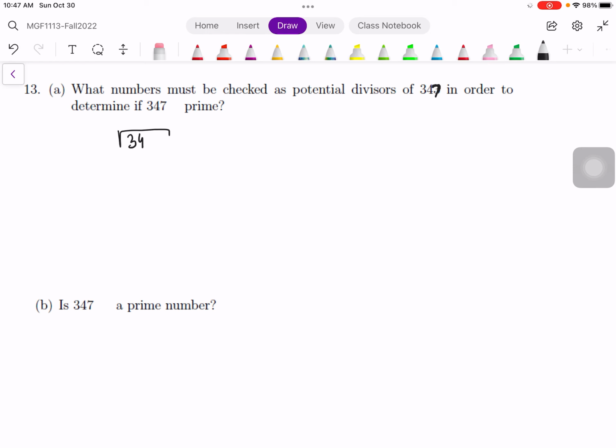Alright, so what do we do? We first take the square root of 347, and that's about 18.6. So we had this theorem that told us that we only have to check all prime divisors up to 18.